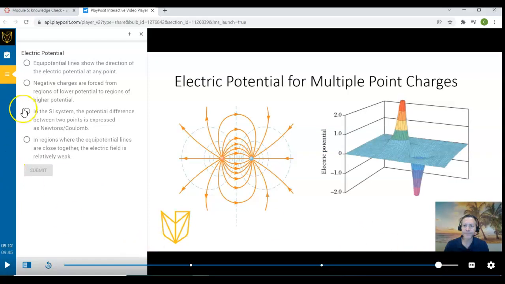Yeah, electric potential. Equipotential lines show the direction of the electric potential at any point. Negative charges are forced from regions of lower potential to regions of higher potential. In the SI system, the potential difference between 2 points is expressed in newtons per coulomb.